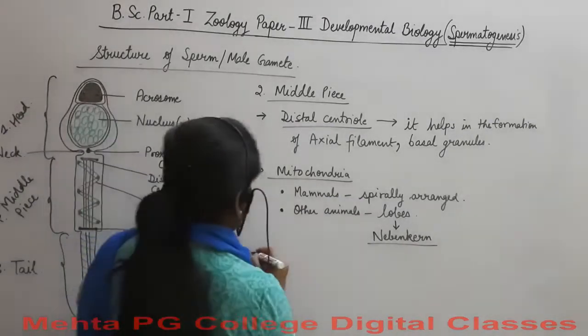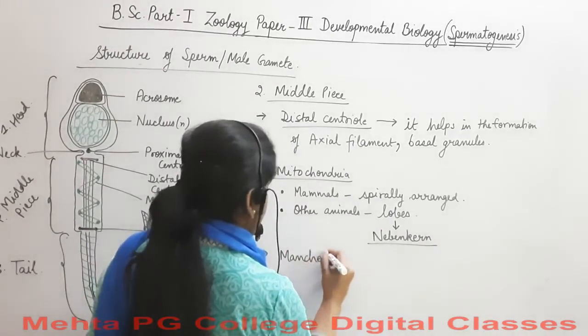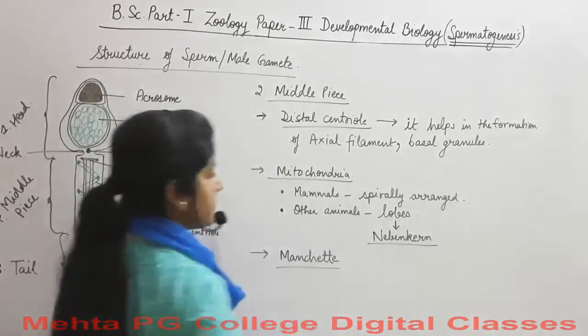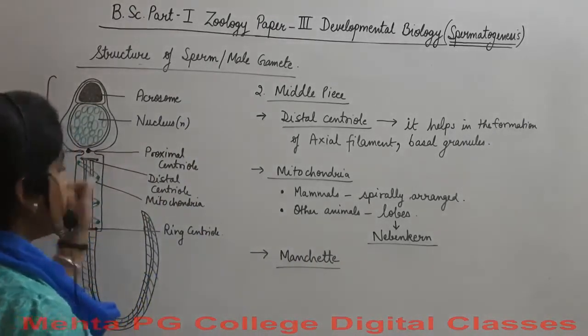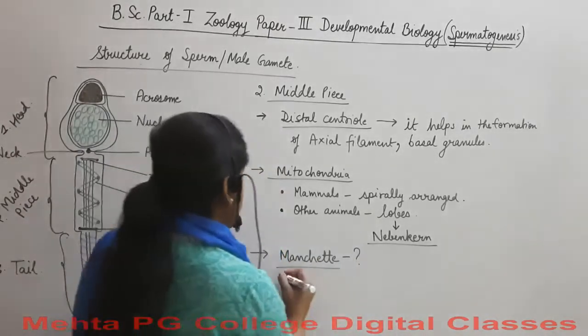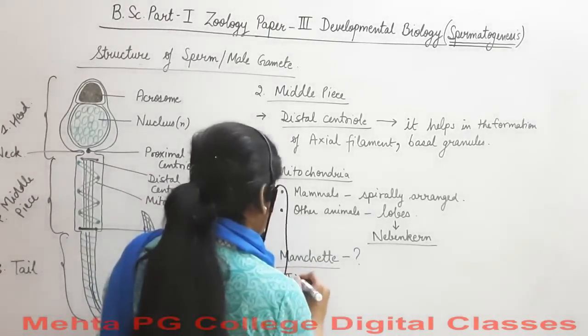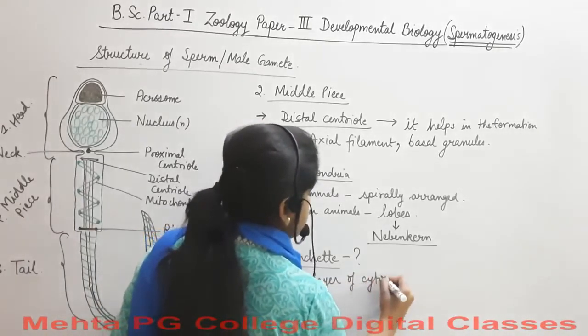Thirdly, there is the region called the manchette, which is present around the middle piece. What is the manchette? A thin layer of cytoplasm.